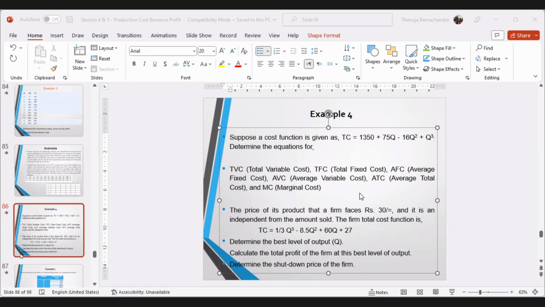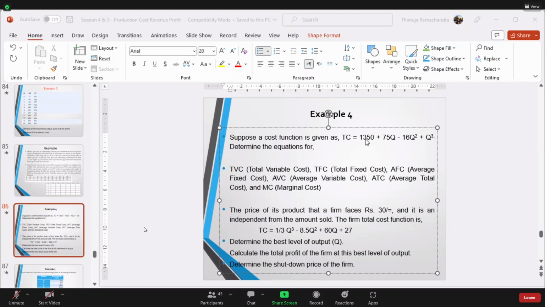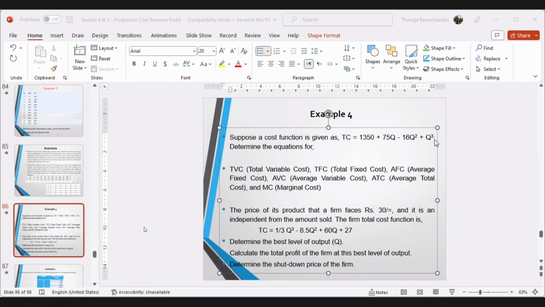Either from the TC function, divide everything by Q, where TC is 1350 plus 75Q minus 16Q square plus Q cube, divided by Q, right? Marginal cost.